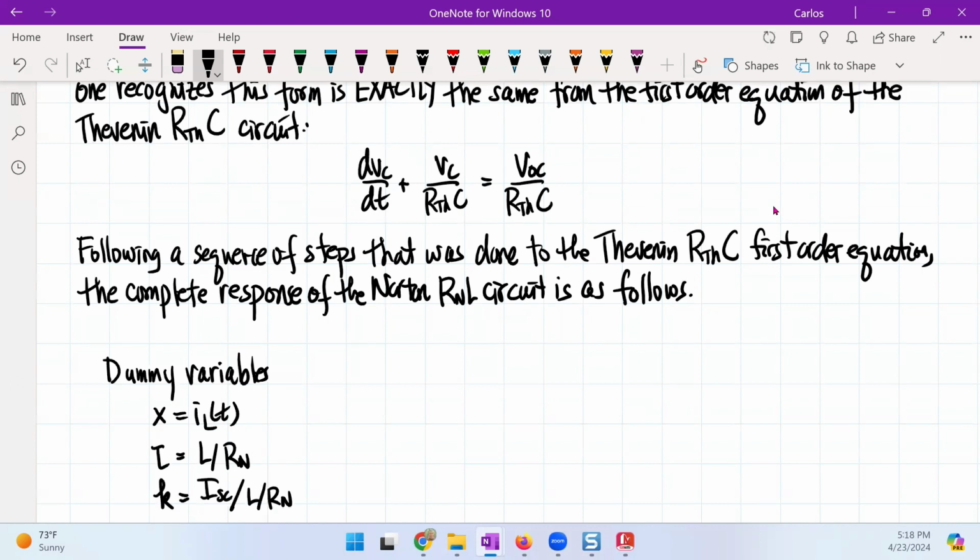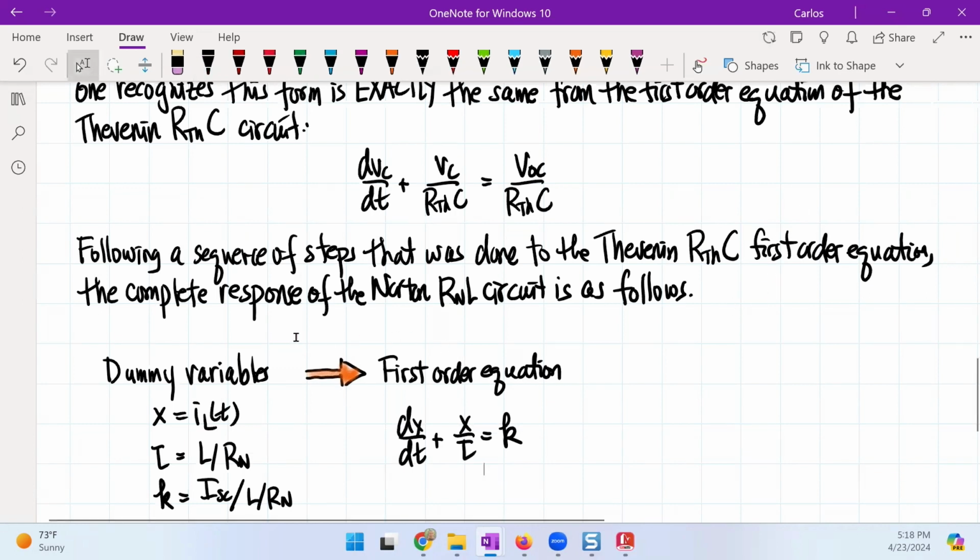So if I do that, I can go to the next step and write the first order equation. What does that first order equation look like? It looks like dx/dt plus x over tau is equal to the K value.